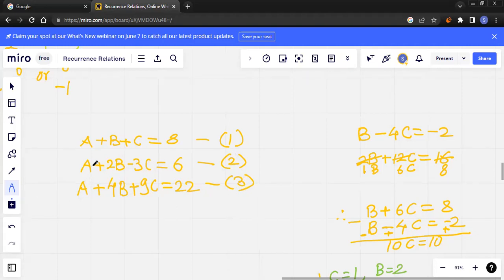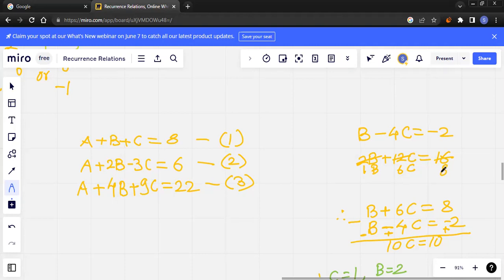So a minus a is 0. 4b minus 2b produces 2b. 9c minus 3c, so it becomes 12c, and 22 minus 6 produces 16. Now all of them are even, so I can divide them by 2. So I get b + 6c = 8.